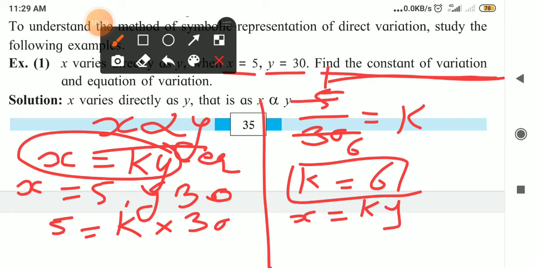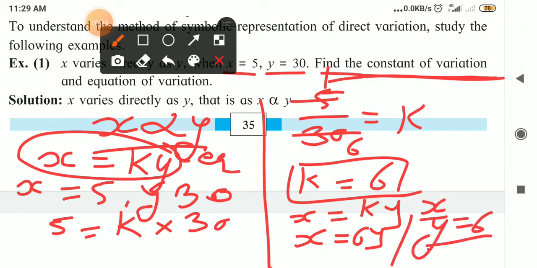K's value you have to put here. So x is equal to 6y, or x upon y is equal to 6. Sorry, one minute. Here it is given 1 upon 6, not only 6. Here the answer is 1 upon 6.